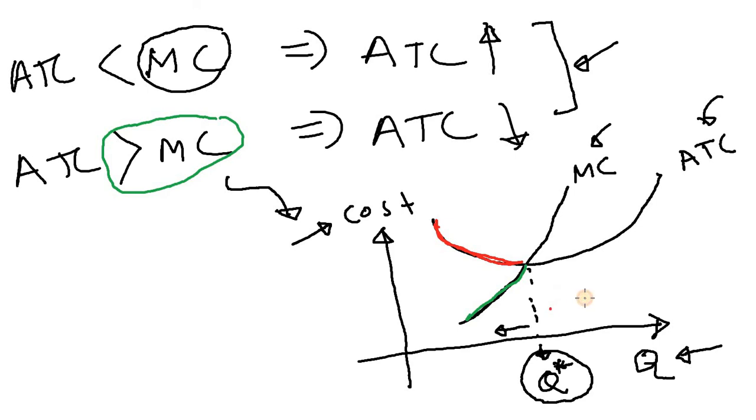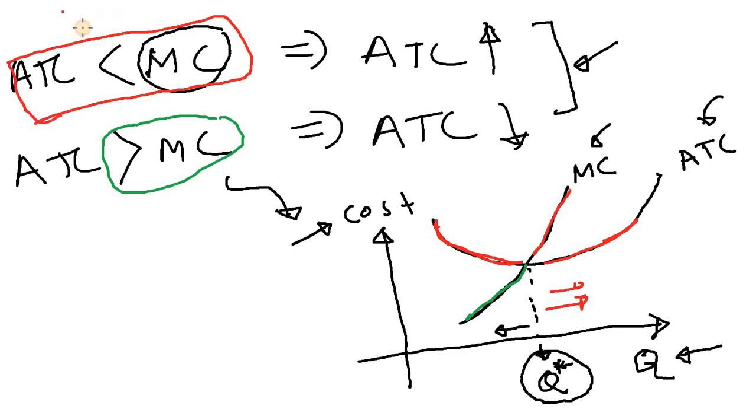But on the right side of Q star, as you can see, the marginal cost is now greater, it is above. And the average total cost is below, it is lower. So on the right side, the marginal cost is greater than the average total cost.